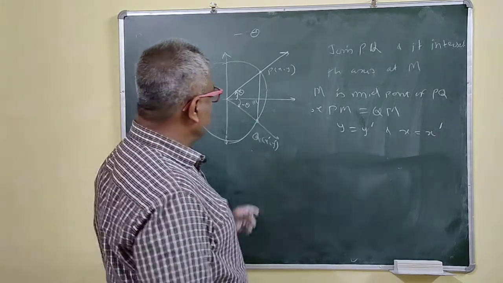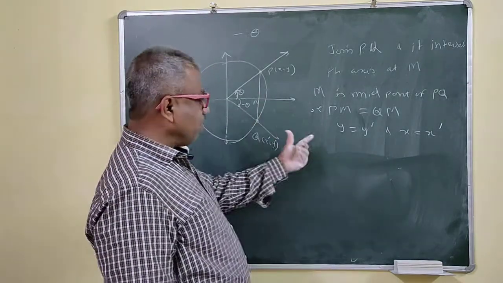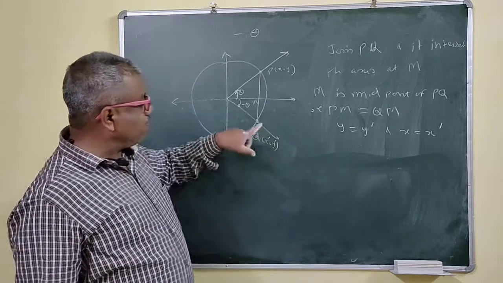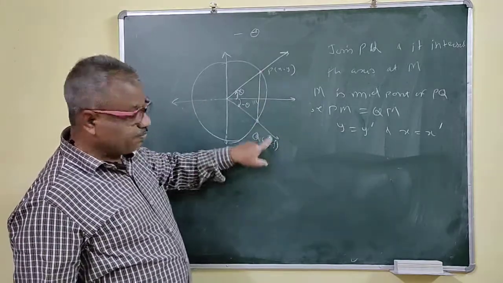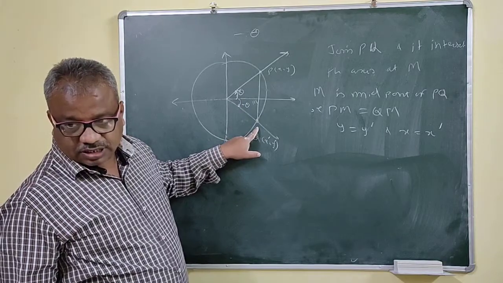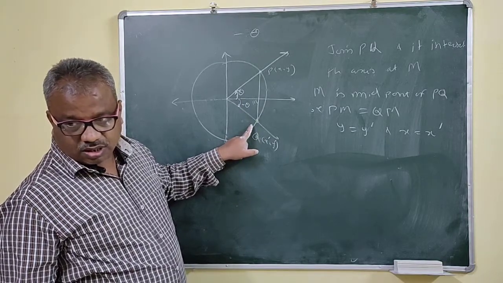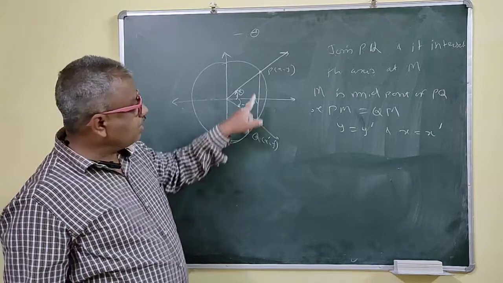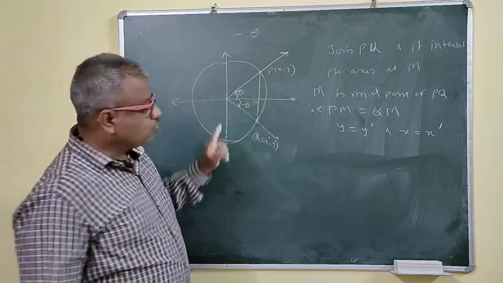So y is the same as y prime in magnitude. P is in the first quadrant and Q is in the fourth quadrant.